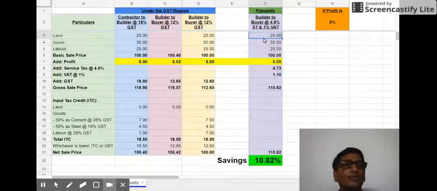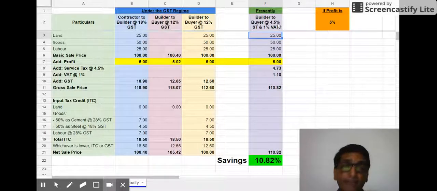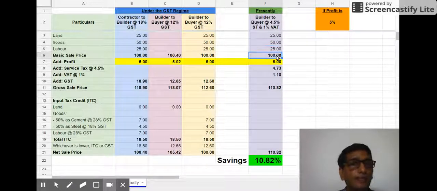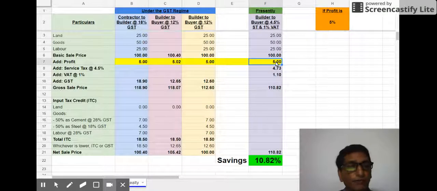They charge 4.5% service tax and 1% VAT on the total cost of the project. So let us keep our elements as they are: 25 is the land component, 50 the goods component, and 25 the labor component. That comes to 100. Let us assume the builder adds only 5% profit. We can think of this as anything: 5, 10, 20, 100.